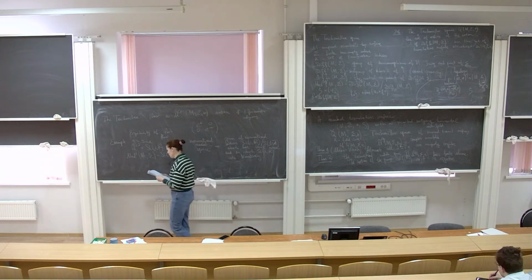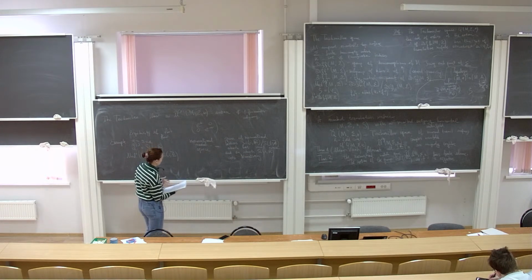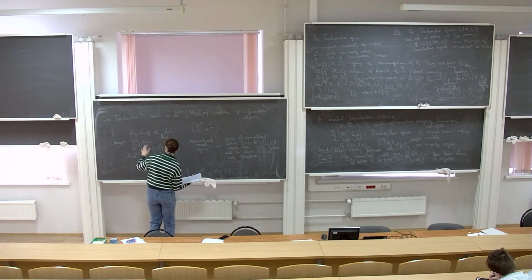So the geodesic flow on the moduli space is nothing else than the Teichmüller flow.